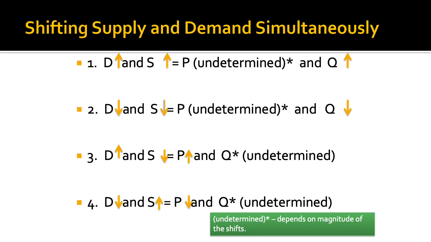If demand and supply shift in opposite directions, when demand goes up and supply goes down, there's a clear upward pressure on the price, but quantity can't be determined unless we know the magnitude of the shift. When demand falls and supply goes up, there's clear downward pressure on the price, but again, quantity cannot be determined unless we know the magnitude of the shift.